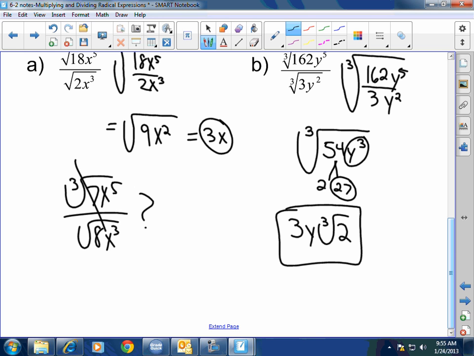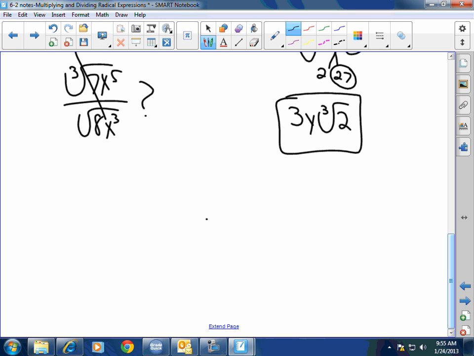Okay, I have the square root of 4. That's something different. That's a great question. If you had the square root of 4 over the cube root of 8, technically you cannot put these together, but in this particular case, it's very rare that they would do this.